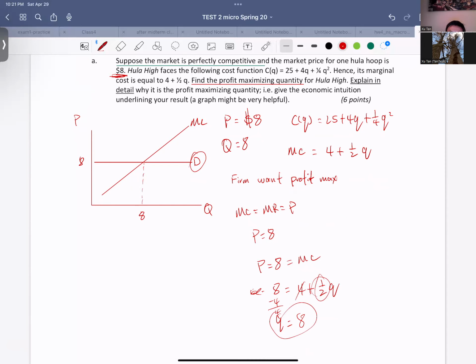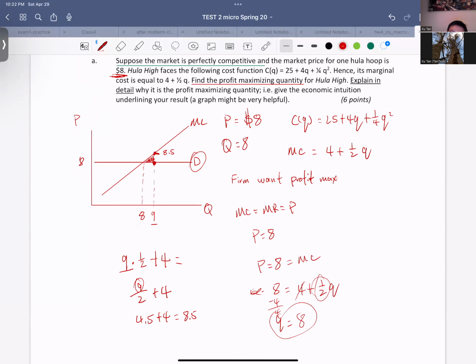So why don't we sell 9 units of quantity? In this case, we don't want to sell 9 units because we're losing money, right? So 9 times 1/2 plus 4 equals 8.5.